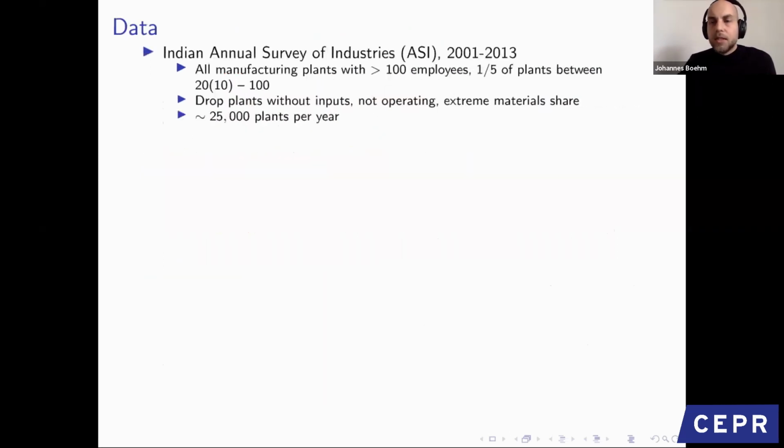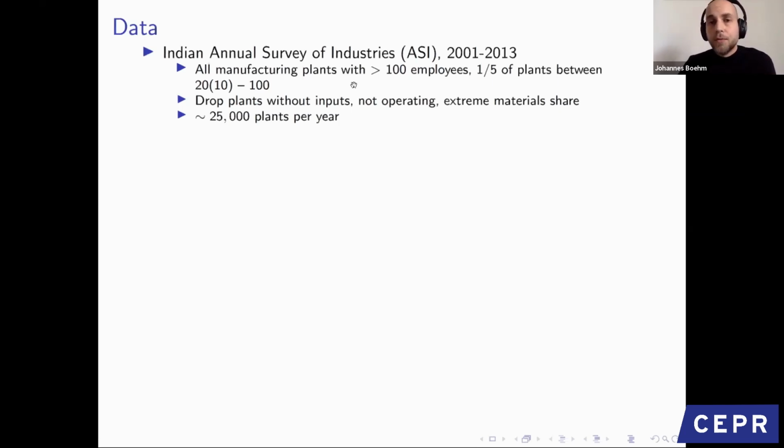Okay, so the data that we work with is the Annual Survey of Industries in India, and we use the rounds from 2001 to 2013. That's a survey of all formal manufacturing plants that have at least 10 or 20 employees.